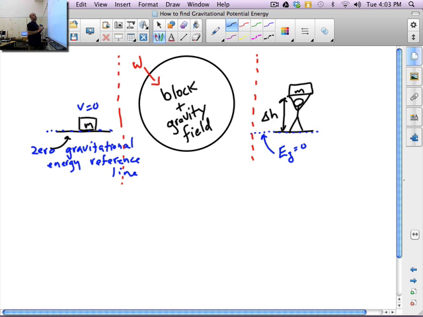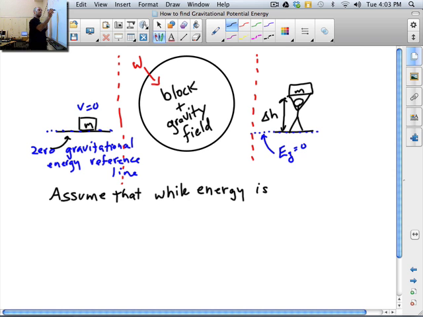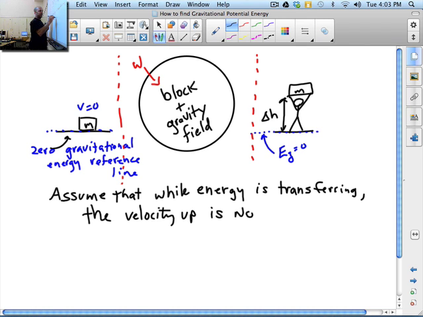So let me go back here and say, assume that while energy is transferring, the velocity up is not changing, or constant. This makes a lot of things easier, okay?